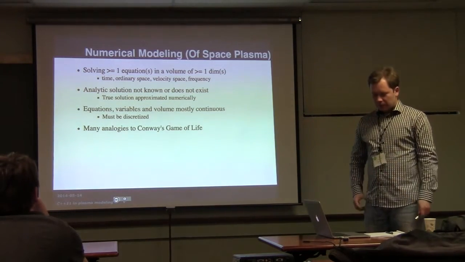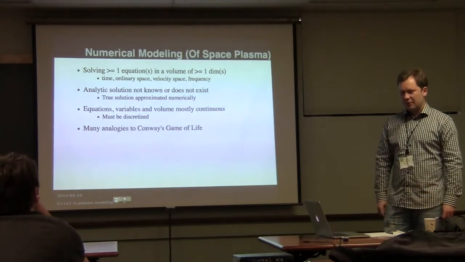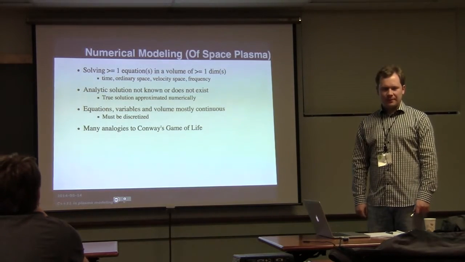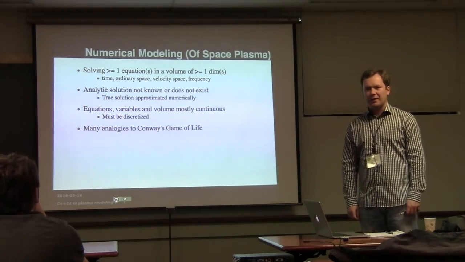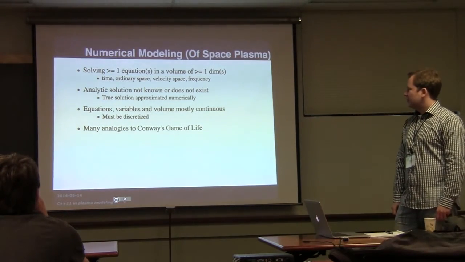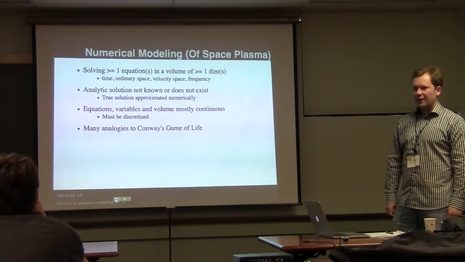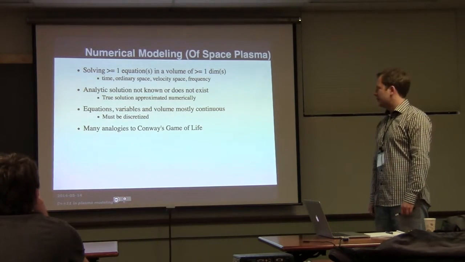And the main point is that the analytic solution is not known or does not even exist. And so then you have to have some kind of numerical approximation, or approximate the true solution to the equations numerically, and then try to see if the equations or the solution actually represent reality.